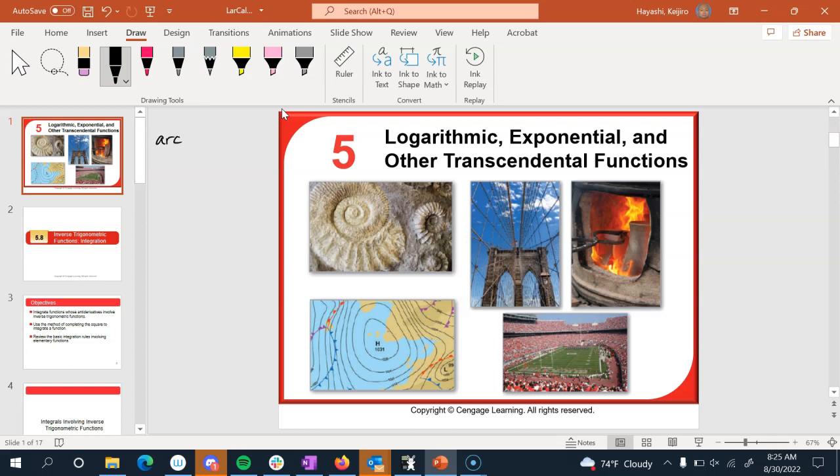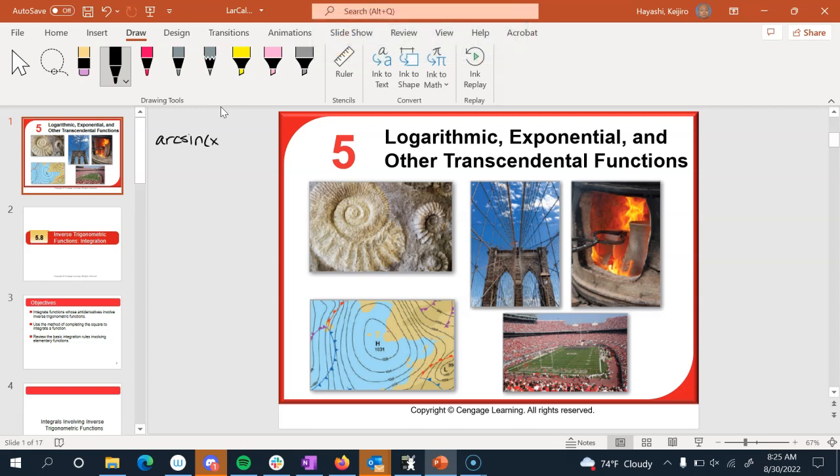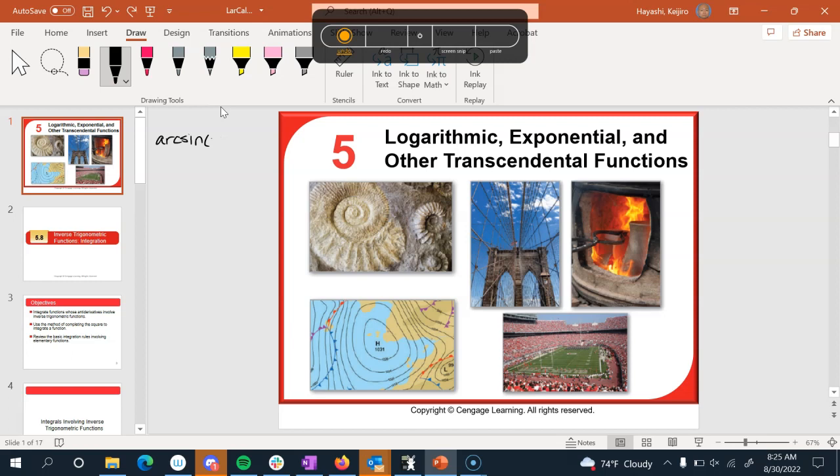You might also see sine with a little inverse notation on the corner. It's not an exponent of -1. It's not like the reciprocal. Let's just say arcsine of u.